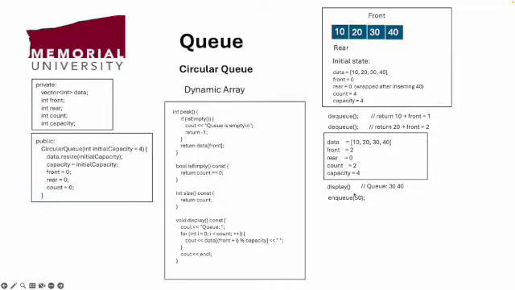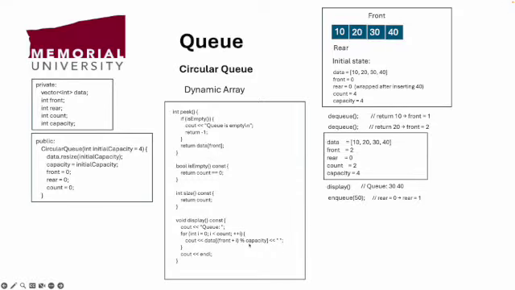Okay, let's do the EnQ 50 here. Where is the rear to be enqueued in this case? So we don't need to resize, okay? Why?